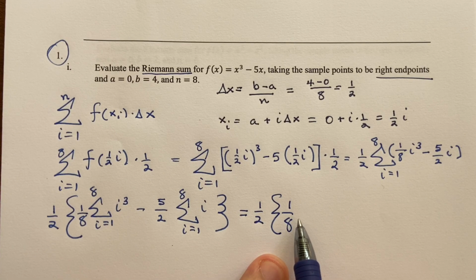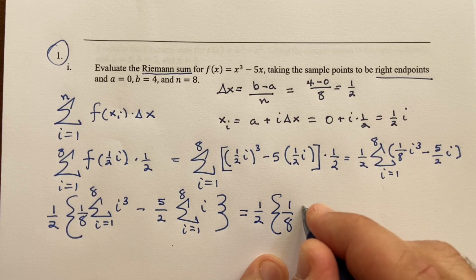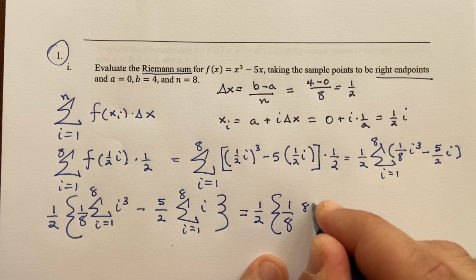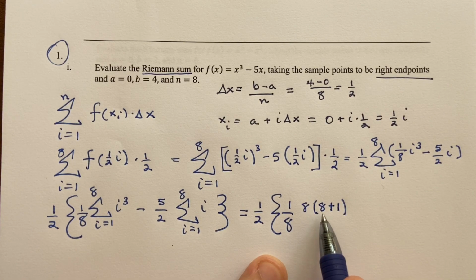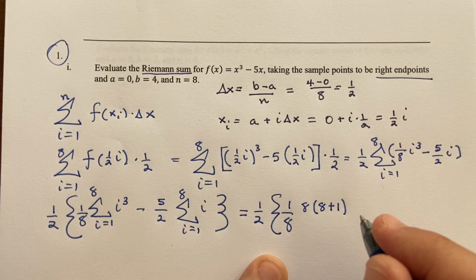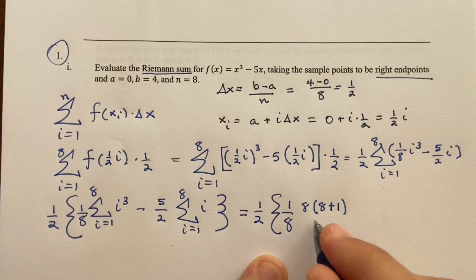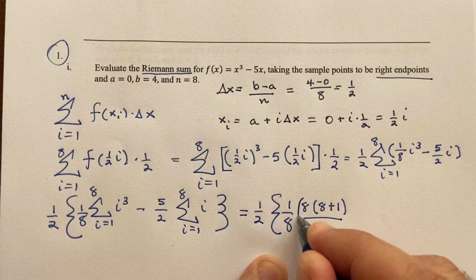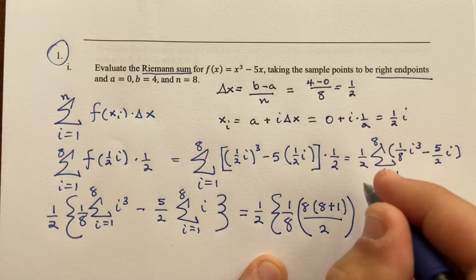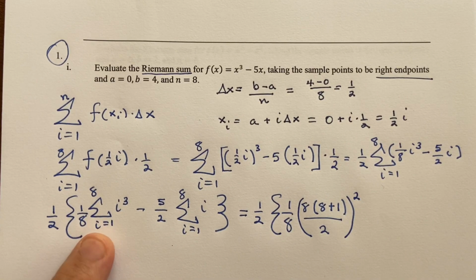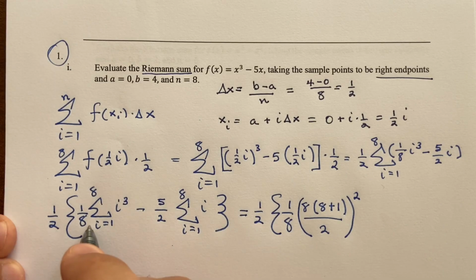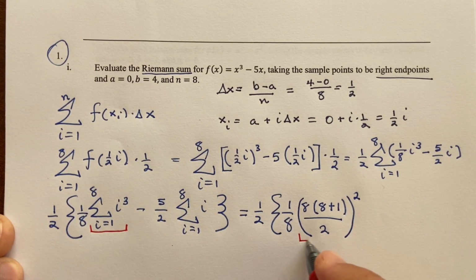and the formula for the sum of i cubed is n, so it'll be 8 times 8 plus 1, right? So that's n times n plus 1 squared. Well, I'll hold on to the square for now. It's all over 2, and then I'll square outside this way. So this is the replacement I'm making for the sum of i cubed. Let me just make that clear. So that's that replacement.